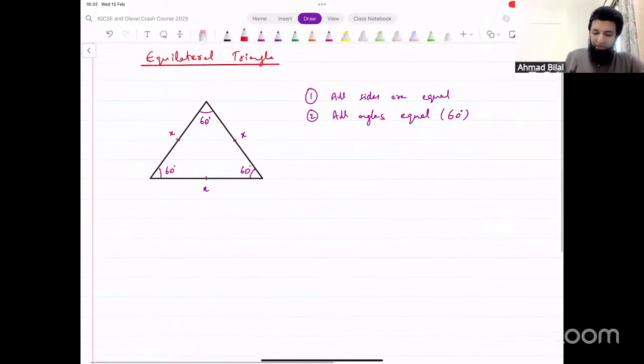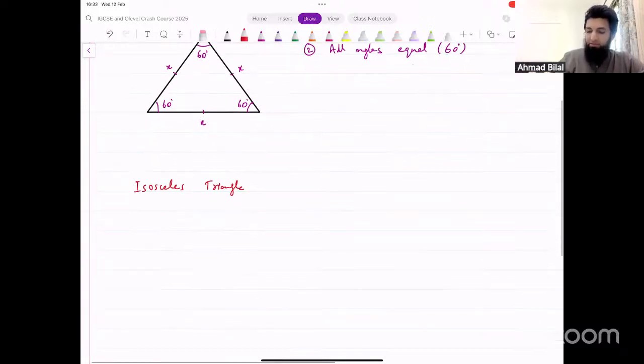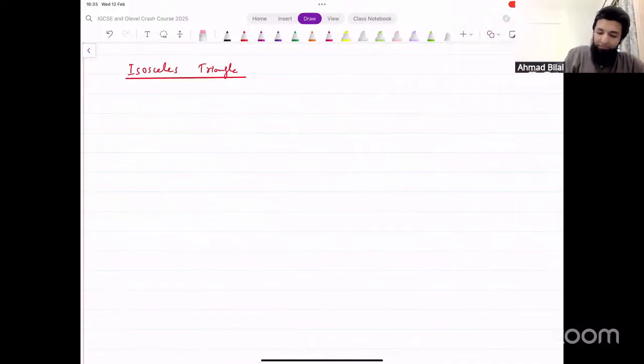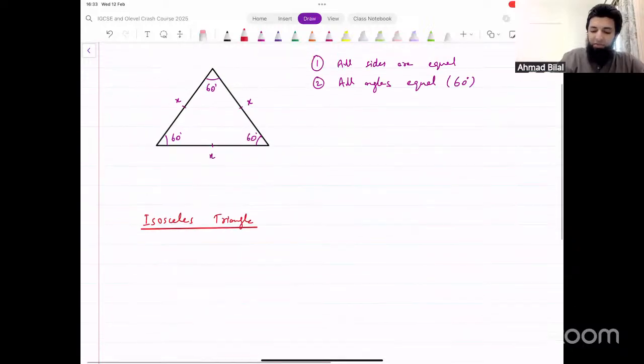Then we have another triangle that we call an isosceles triangle. What is an isosceles triangle? An isosceles triangle is one in which exactly two sides are equal.